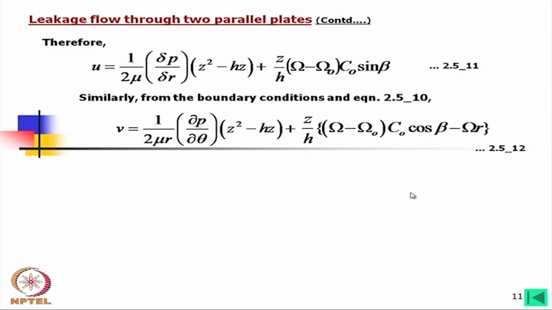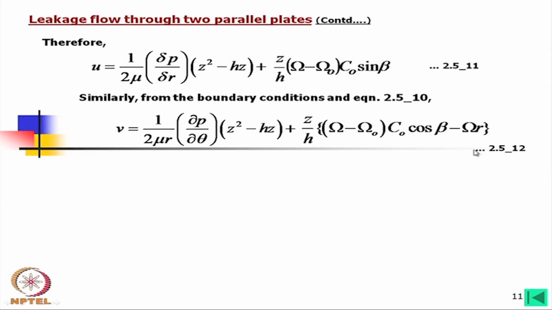Similarly, from the boundary conditions and equation 2.510, the same way we will get this equation for the velocity v in theta direction, equal to 1 by 2 mu r del p by del theta into z square minus h z plus z by h into omega minus omega 0 c 0 cos beta minus omega into r.